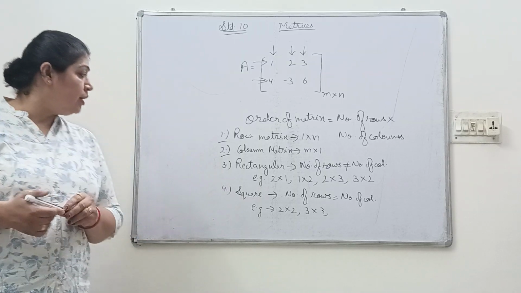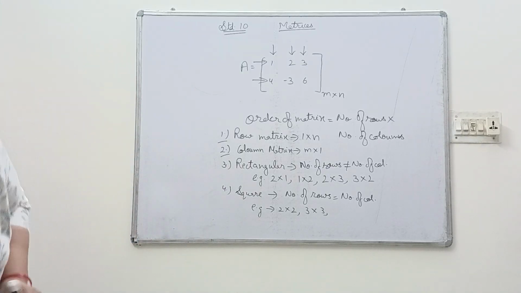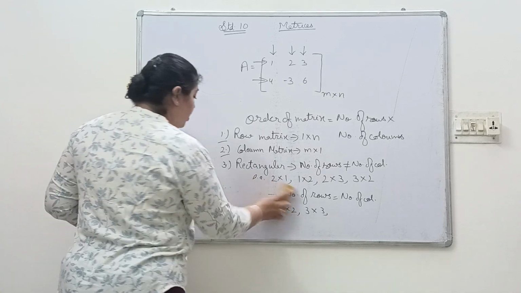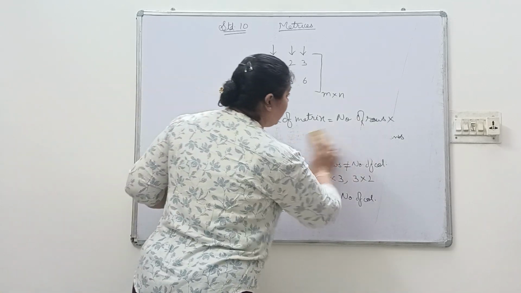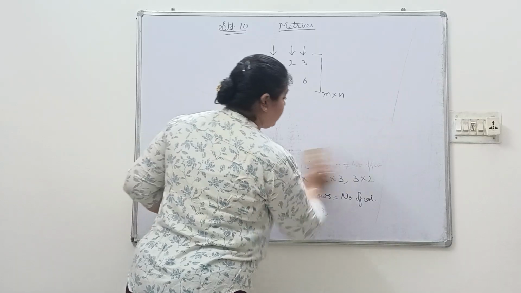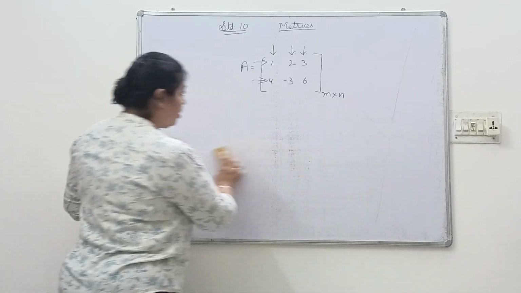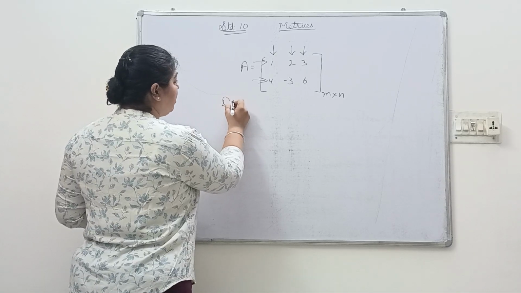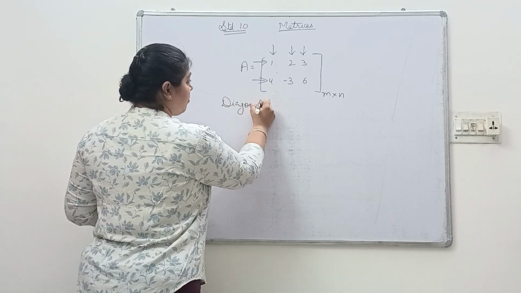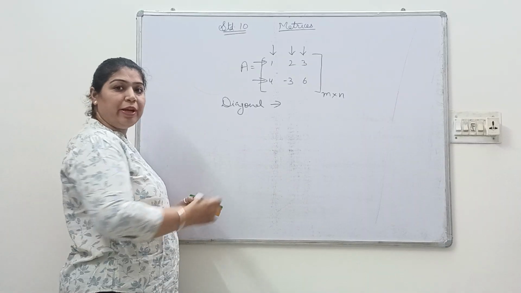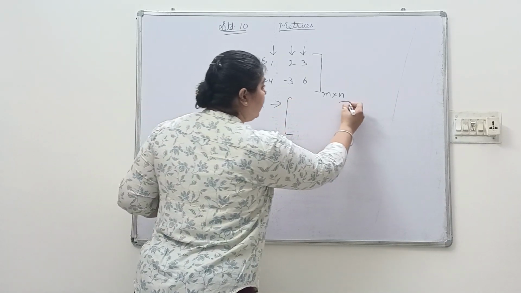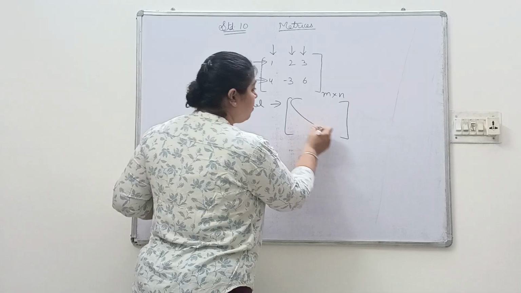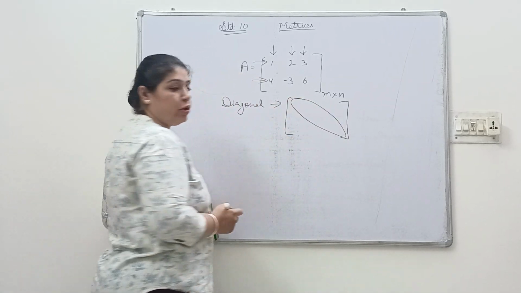Other than row, column, rectangular and square, we have the diagonal matrix. Any matrix having only diagonal elements from left top to right bottom.